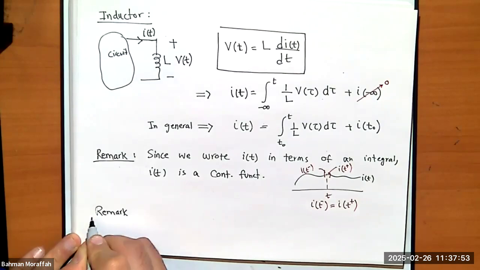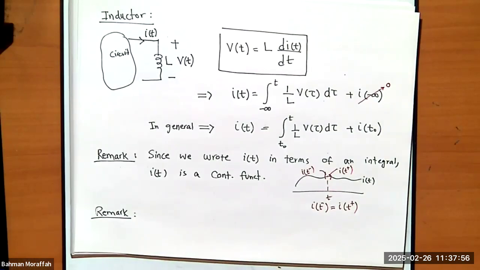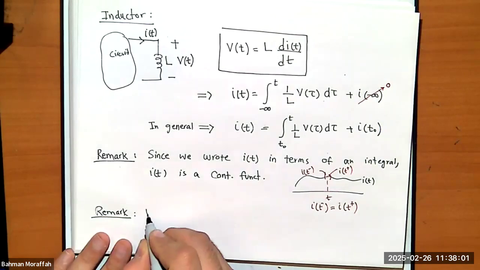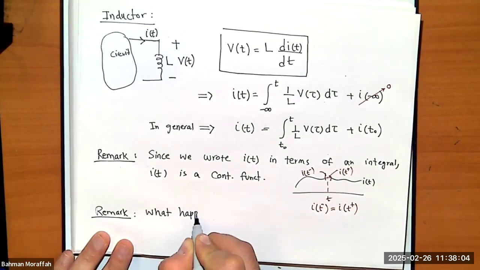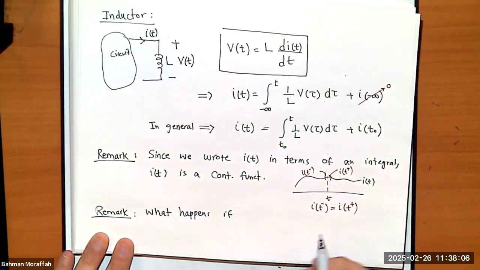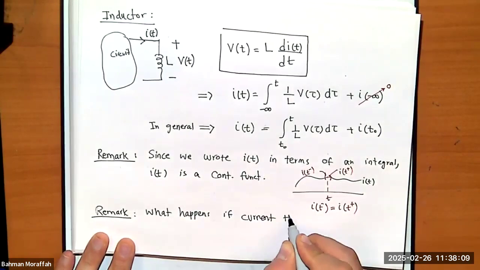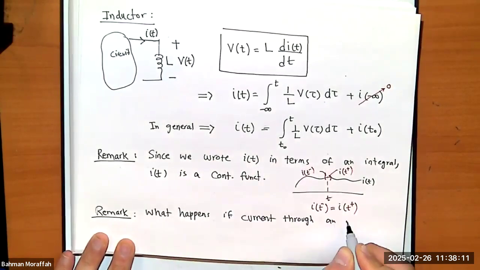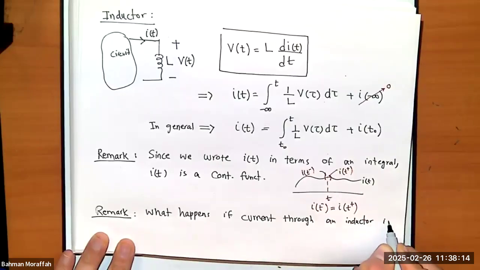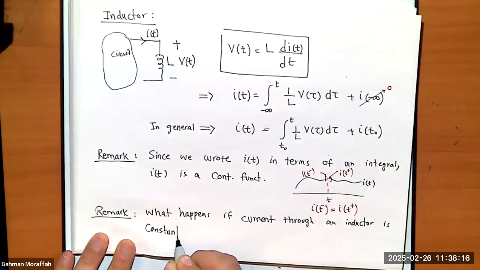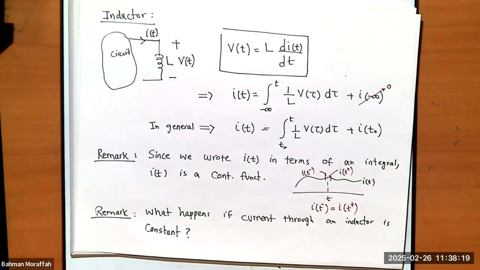What happens if current through an inductor is constant? What do you think is happening? Well, if current through the inductor is constant, it means the derivative of the current must be 0.